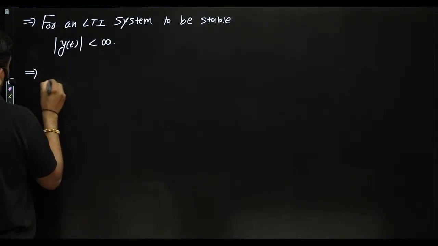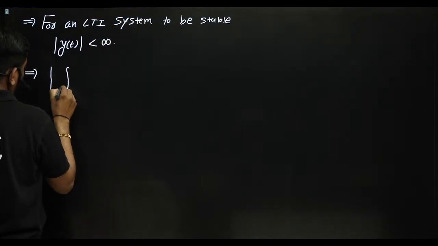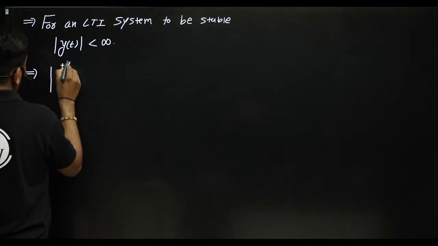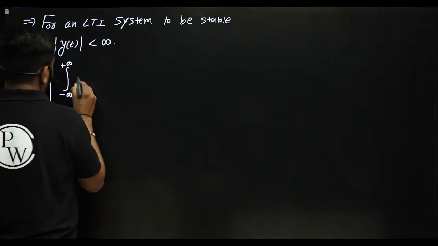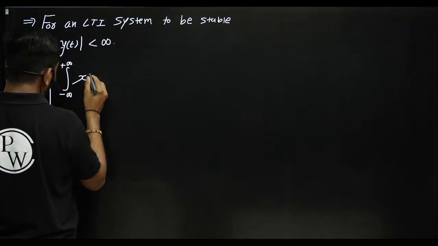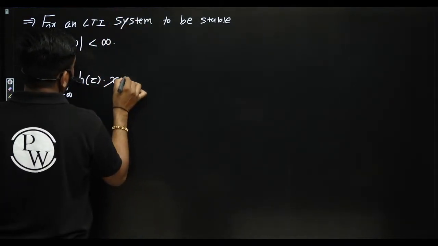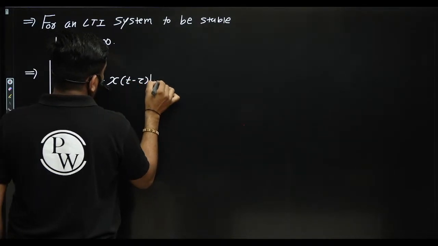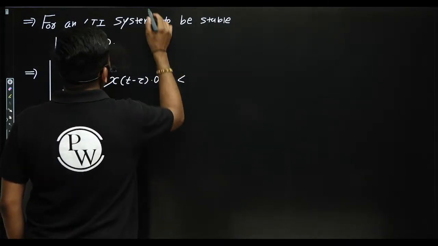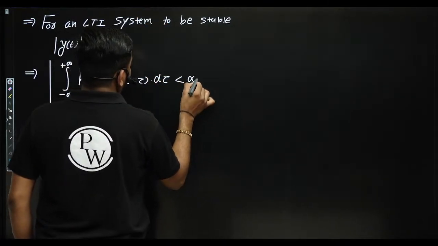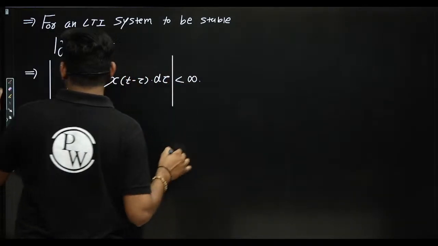Now we know what y of t is: it is the integration from minus infinite to plus infinite of h of tau into x of t minus tau d tau, and its magnitude should be less than infinite.